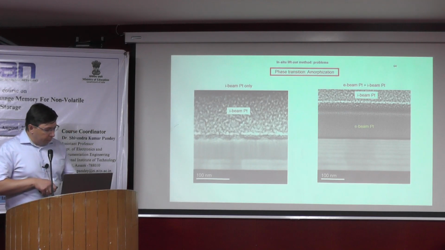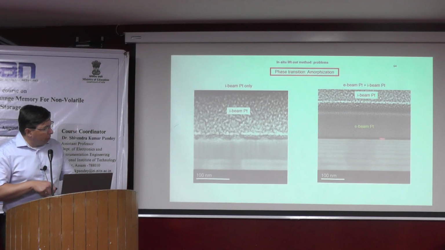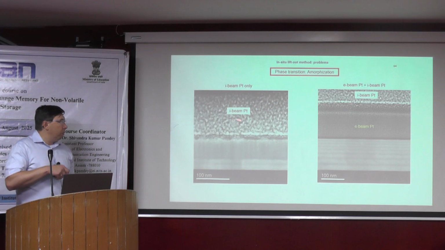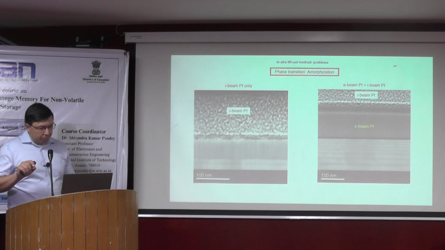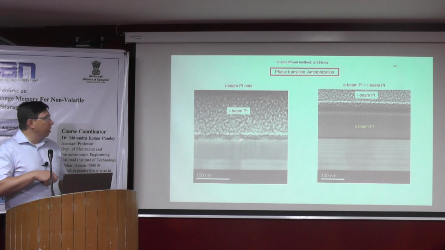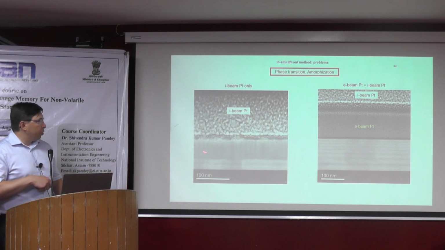Here we have a thin film structure, multilayers of germanium telluride and antimony telluride. If you deposit your protective layer in the wrong way, you can induce amorphization of your sample.